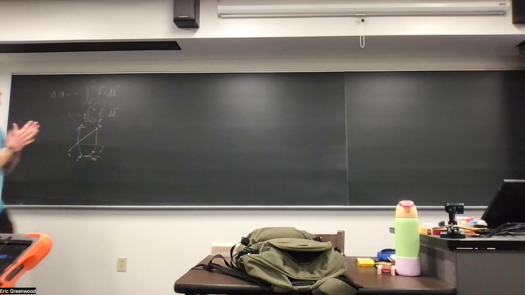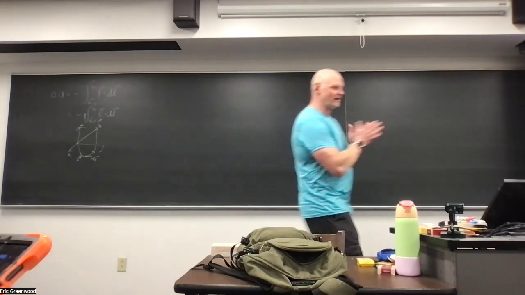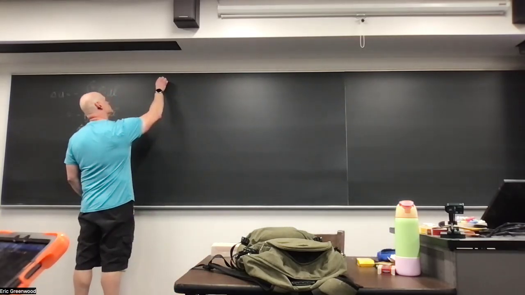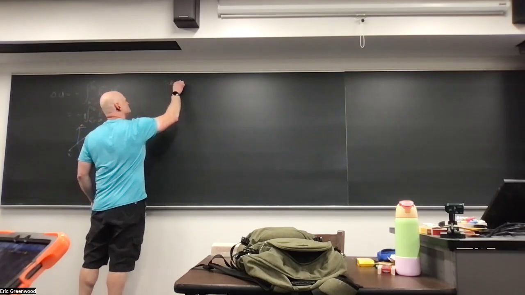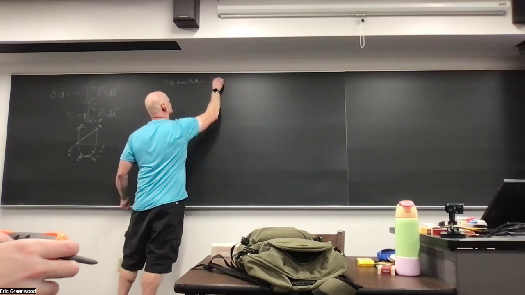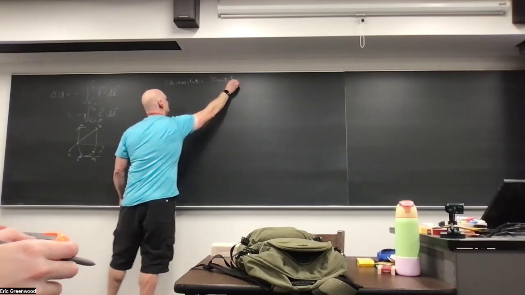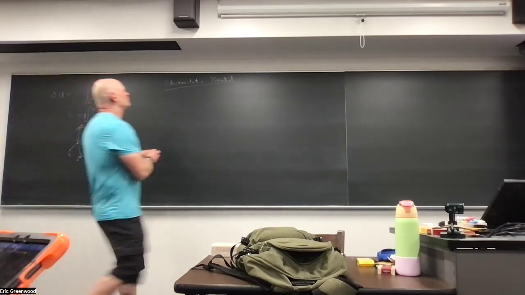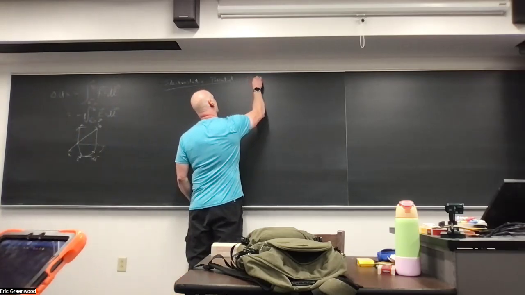Okay. So at this point, it's convenient to define a new quantity, which we're going to call the electrostatic potential. Notice this is not the electrostatic potential energy, but the electrostatic potential, which we typically just call the potential.